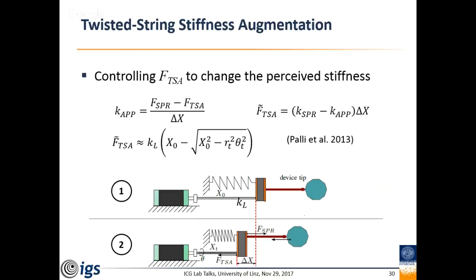There are various models to compute this. A similar one from Palli et al. is just based on the angle, so the accumulated twisting angle here, when you twist the strings.